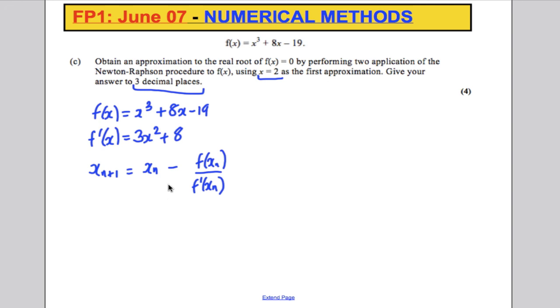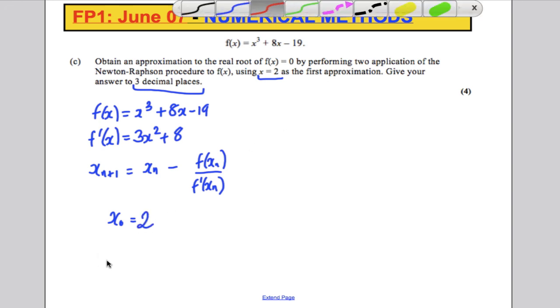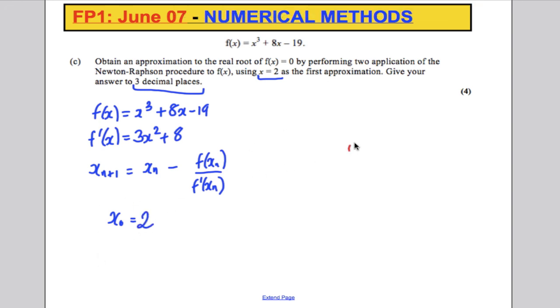Now x0, our first guess, is going to be equal to 2. Now what I want you to do is use your calculator efficiently: press 2 equals on your calculator. That will store 2 as the answer.